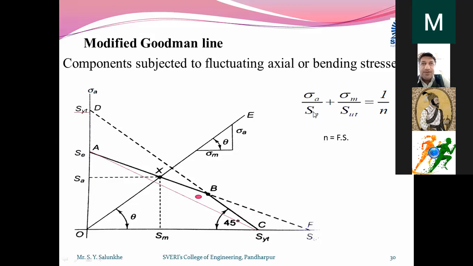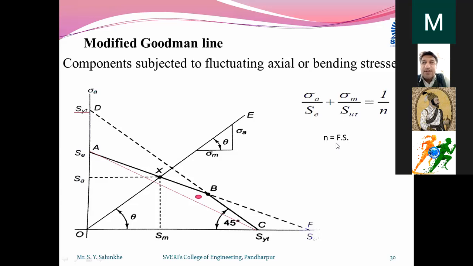Here the relationship which has been mentioned is: sigma a, the actual stress which has been formed when we apply the load, divided by its endurance limit, plus sigma m, the maximum stress which has been generated near the stress concentration or near the irregularity, divided by its ultimate tensile strength, is equal to 1 over n.